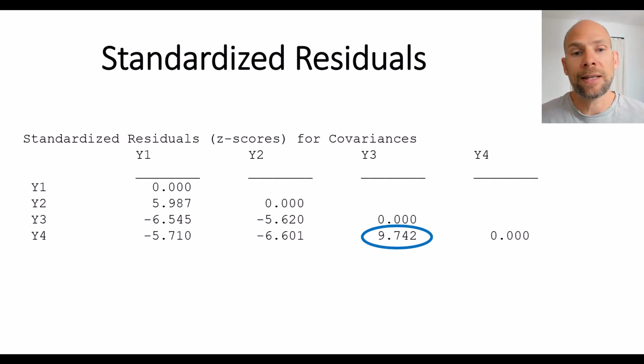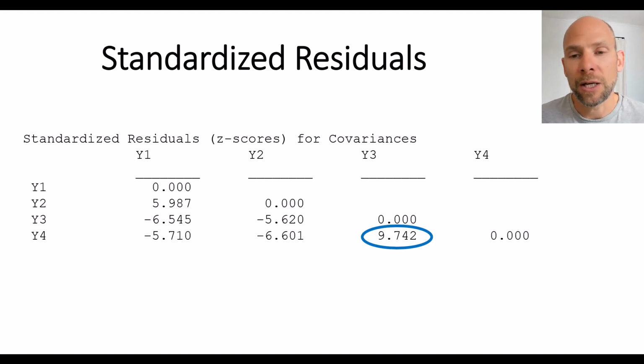You can see that the others here for the covariances also are substantial in terms of their absolute values. However, this one is the largest, and so you would focus on the largest one first, because the other ones may go away once you address that issue. So you don't want to address all of the residuals at once, but instead focus on the one that is largest, especially if it clearly sticks out like this one.